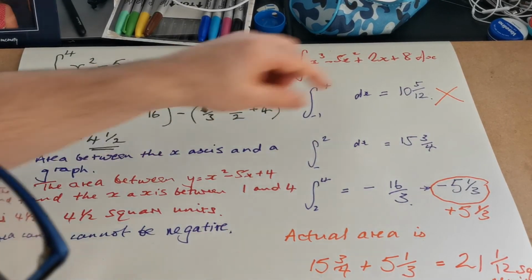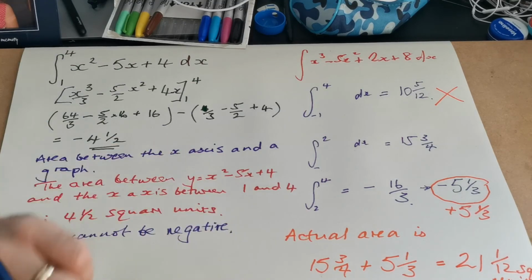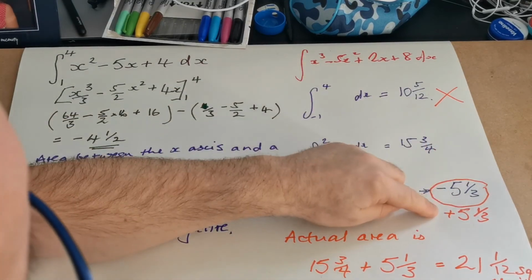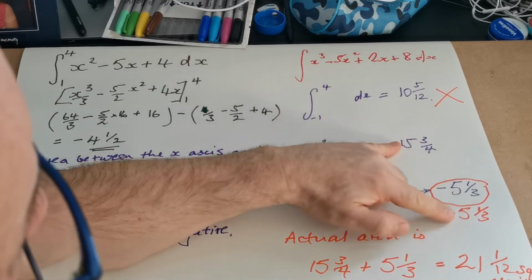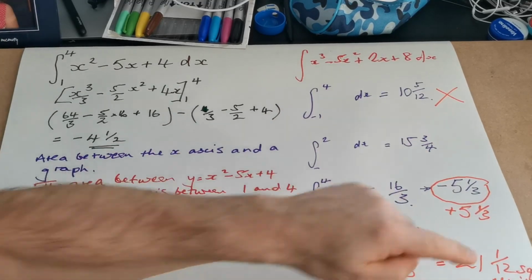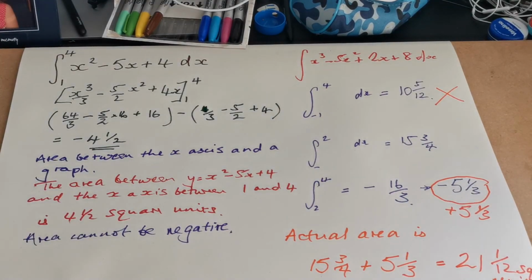But actually, we have to make that into a positive, because you can't have a negative area, so you add the two together to get that. So often it can't be done in one go, and you have to separate into 2 or more separate areas, find the integration of each, and then add the positive values of all of those together to give you the answer for the area bound by the curve and the x-axis.